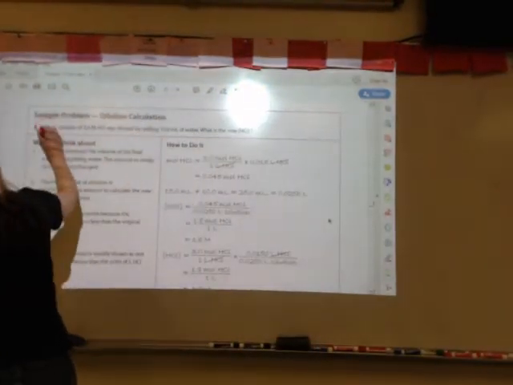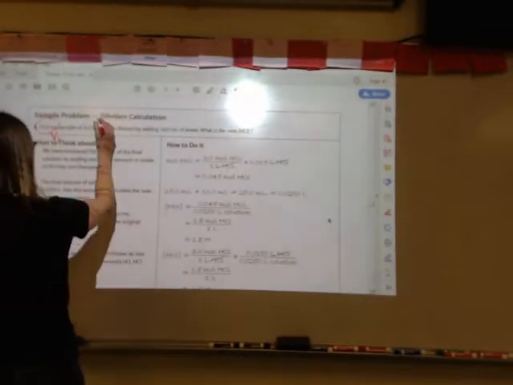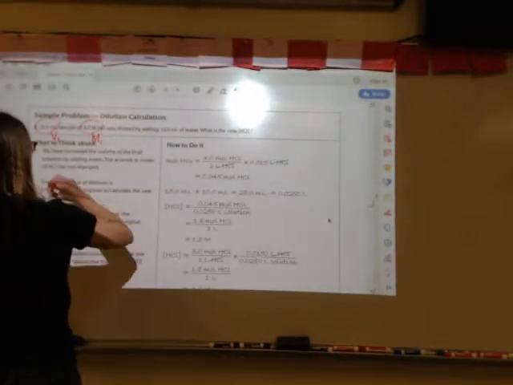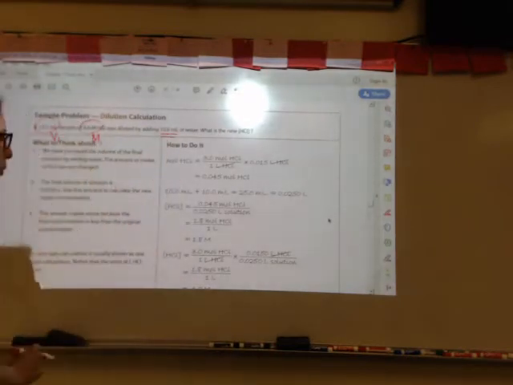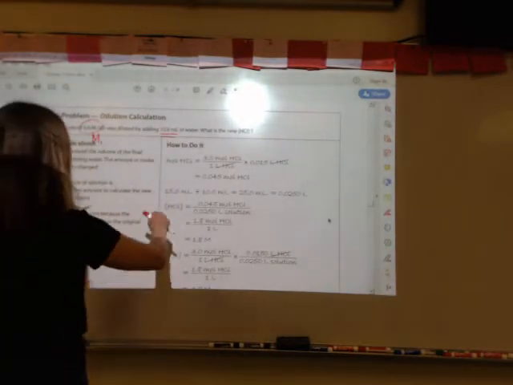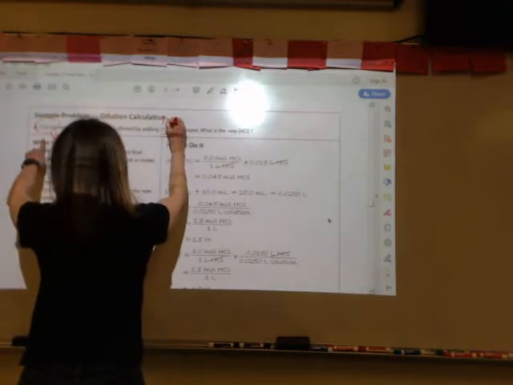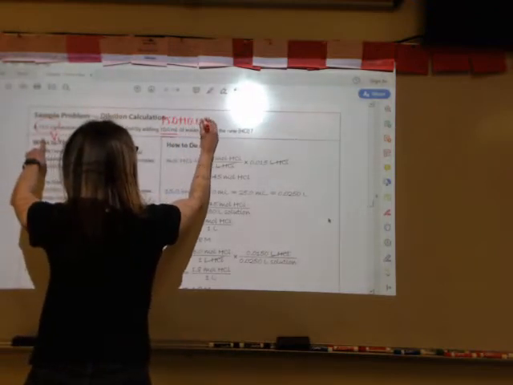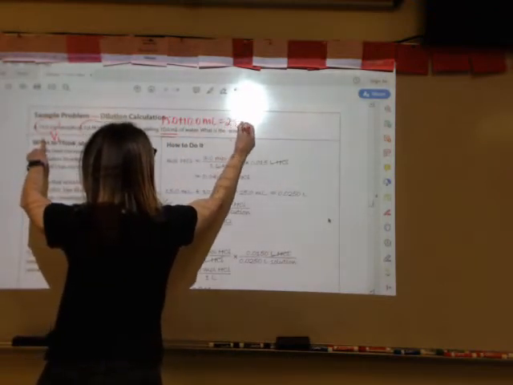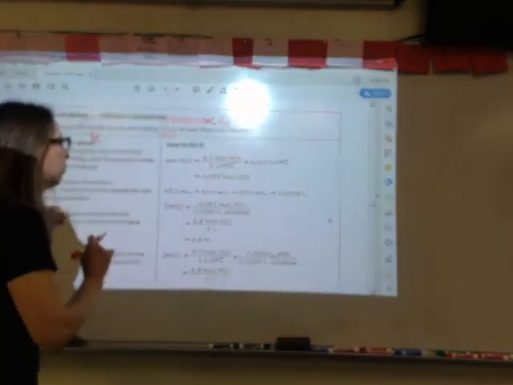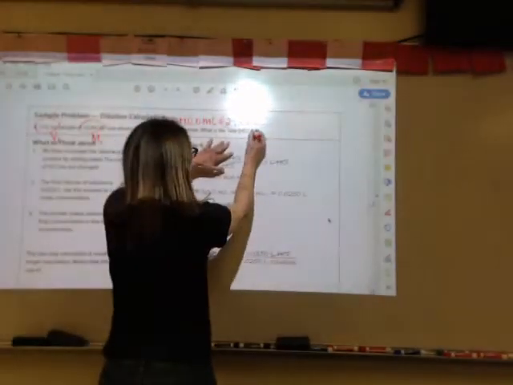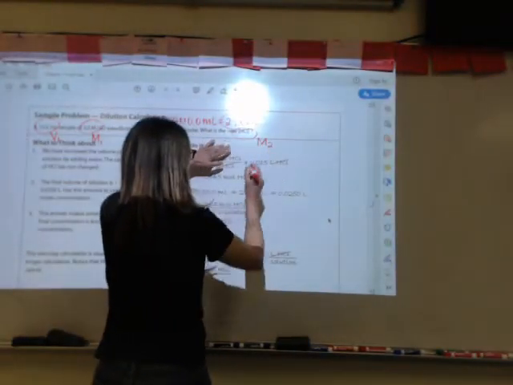So the initial volume is 15 mL, the initial molarity is 3 molar, and then you're adding 10 milliliters of water, which means you're going to a final volume of 15 plus 10, which is 25 milliliters. So 25 milliliters is going to be your final volume. And they want to know what the new concentration is, so we're solving for M2.